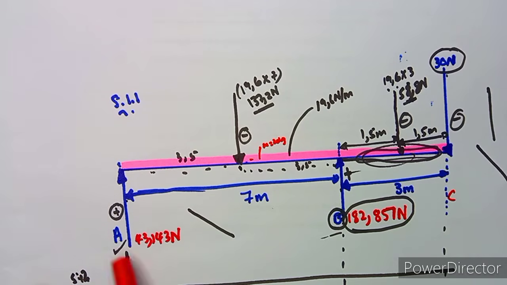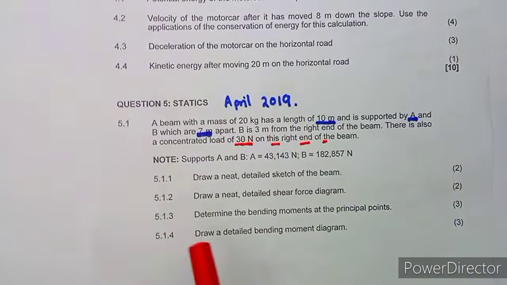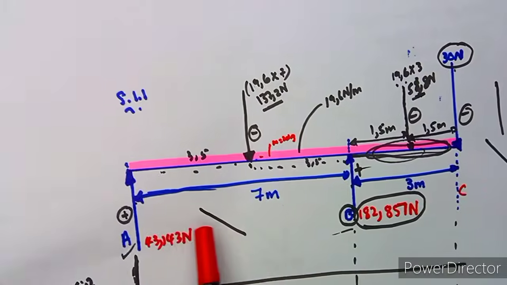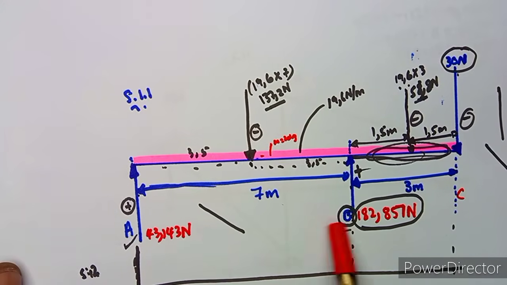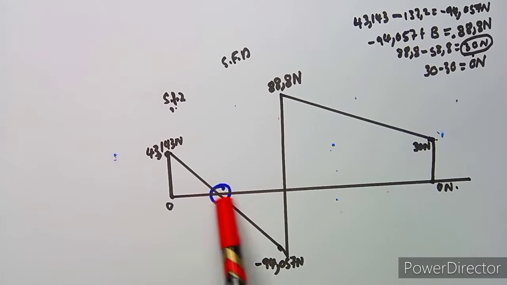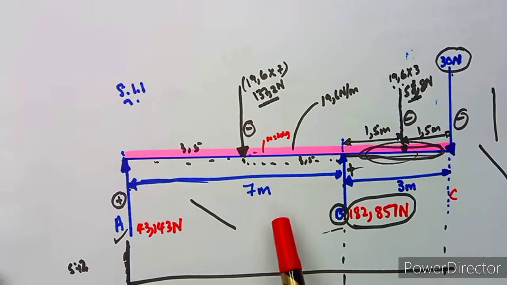Already the points that we have got are A, B, then we've got C, and also we referred to this point that we talked about here. This point is actually in between. It's unknown exactly where it is, but what we know is that this point is in between A and B. So we are going to have an assumption of where we are going to locate the distance.